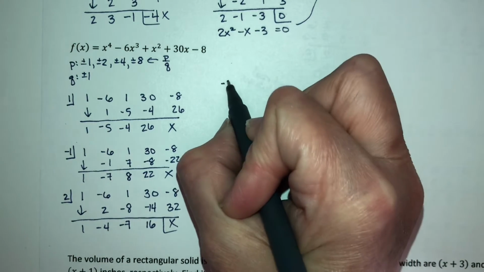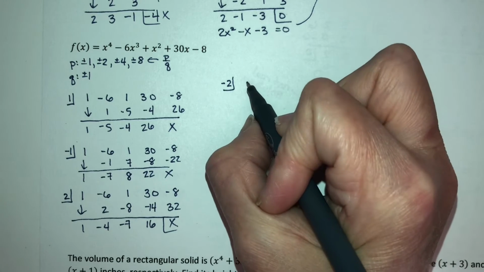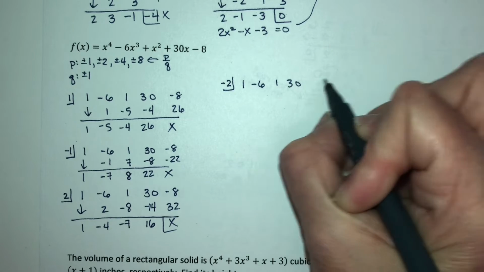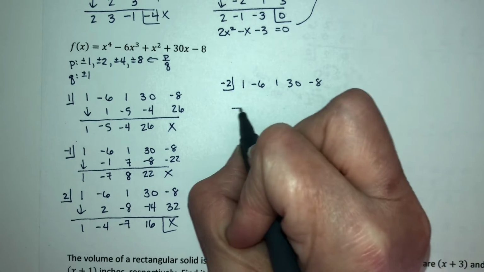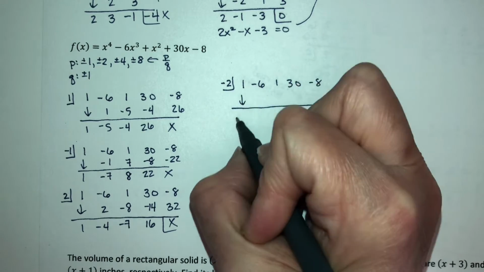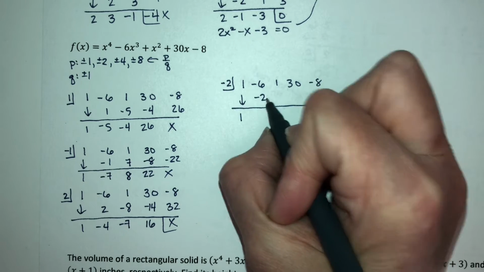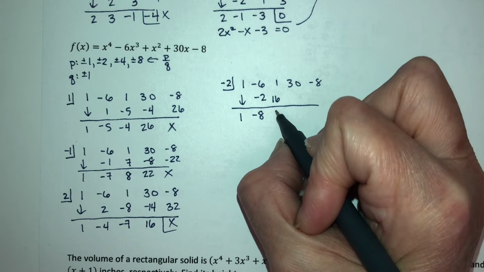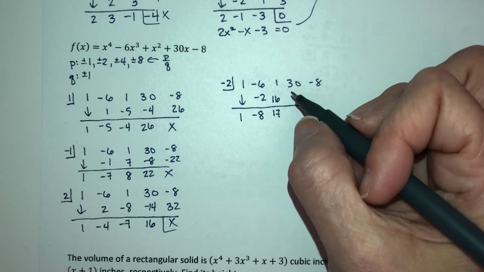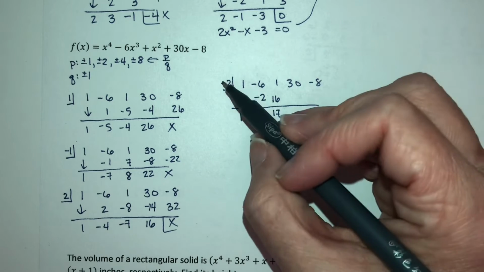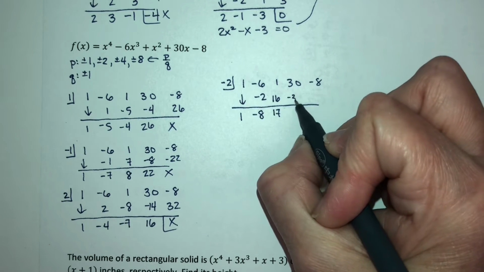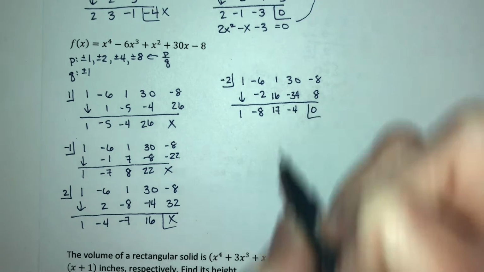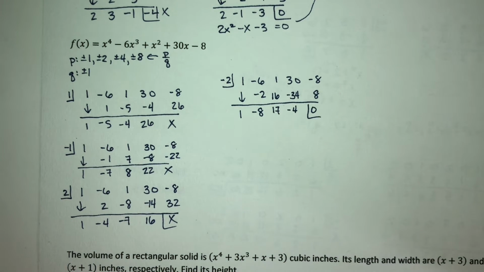Let's try negative 2. Multiply, add, multiply, add, multiply to get negative 34, negative 4, 8, and 0. Okay, good. So negative 2 is a solution.